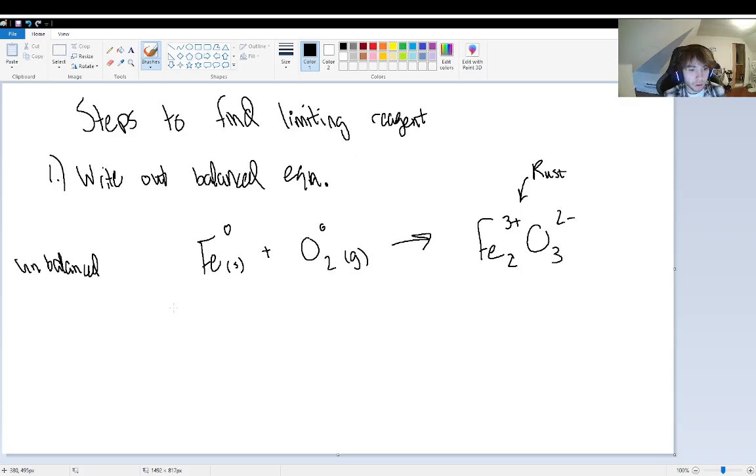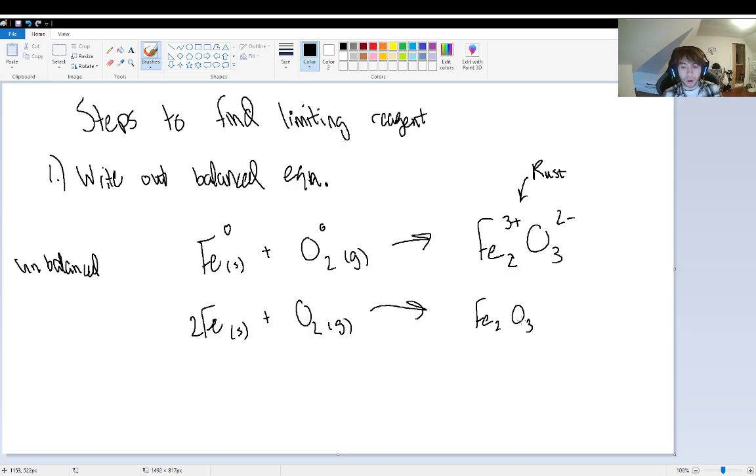So the first thing I'm going to do is notice that this should have a 2 here. If I put a 2 here, I just balanced my iron, but I didn't balance my oxygen. So I have 2 oxygen on the left side, 3 oxygen on the right side.